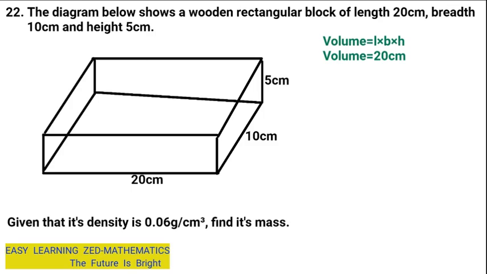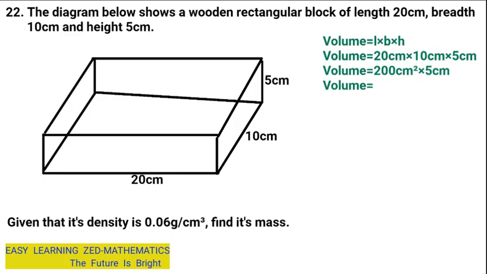Then we multiply 20 centimeter by 10 centimeter, which gives us 200 centimeter squared, which will be multiplied by 5 centimeter. 200 centimeter squared times 5 centimeter gives us 1000 centimeter cubic.